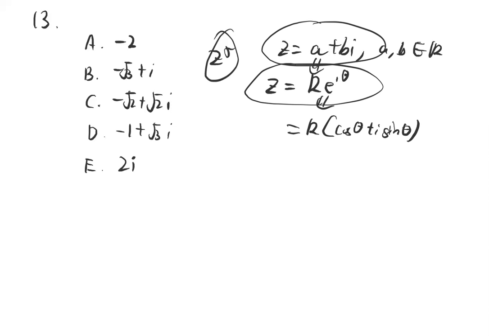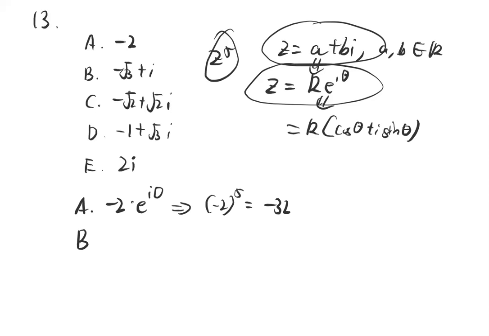So let's convert these one by one. A is -2 times e to the power of i0. Since it's only a real number, we can just do -2 to the power of 5, which gives -32.